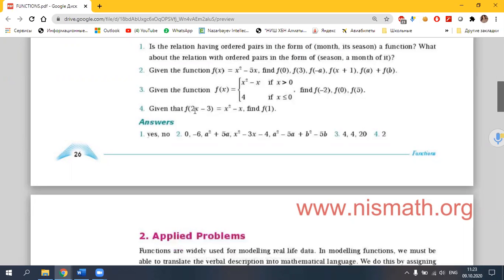That's why given that f of 2x minus 3 equals x squared minus x. F of 1-ді тап. Бірінші мына жерге 1-ді қойдым. 2 times 1 minus 3. 2 азайтылған 3 ол минус 1. Енді f of negative 1. Мына жерге минус 1-дің квадраты. Negative 1 squared is 1.